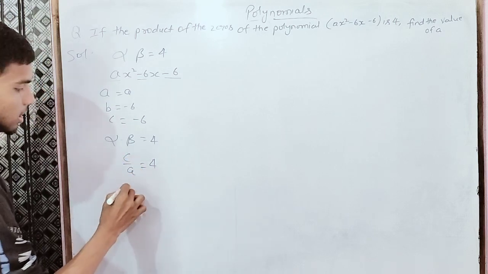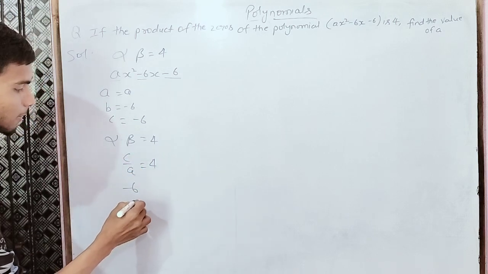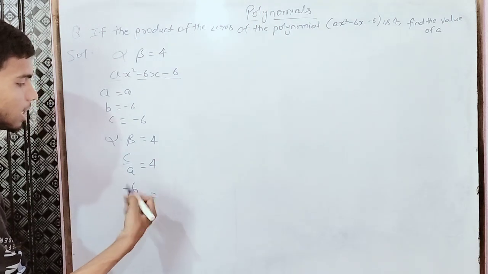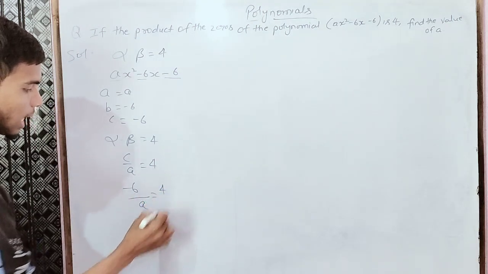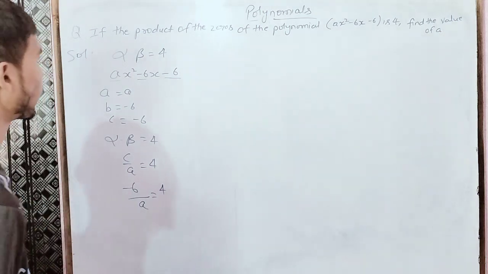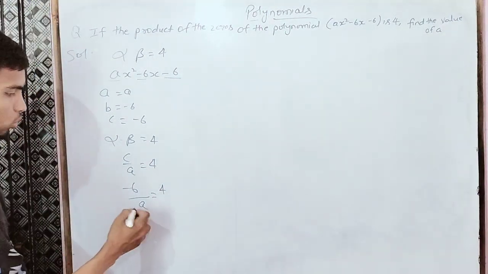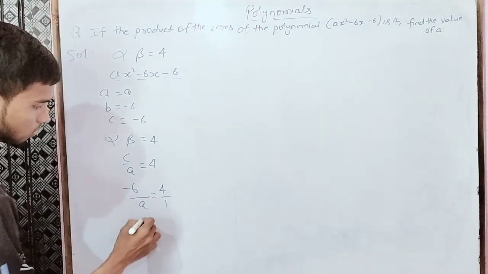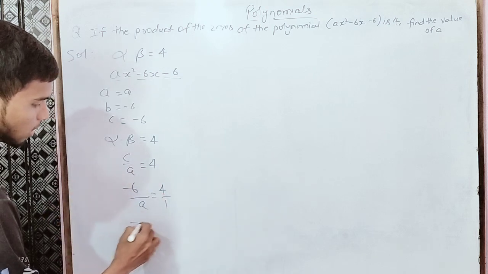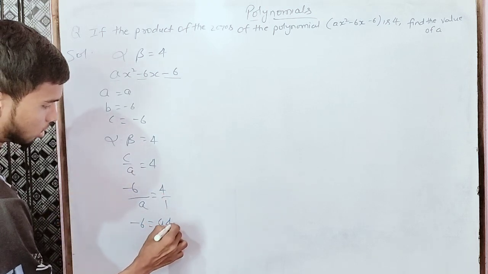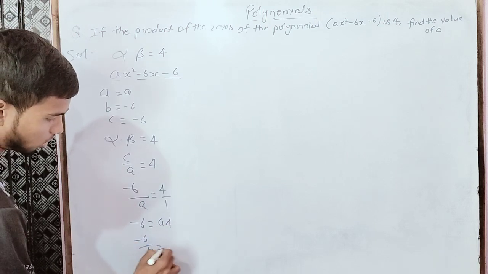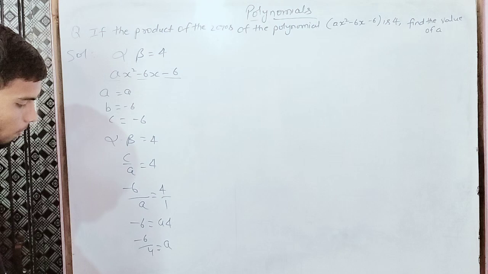We are substituting the value of C. A is an unknown number. So 4. Now we will simplify it, then we will get the value of A. So of course we will cross multiply. So minus 6 is equal to 4A. Now minus 6 upon 4 is equal to A.